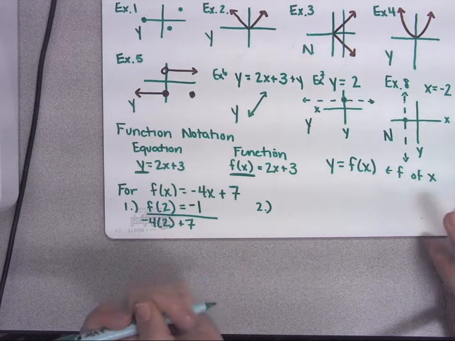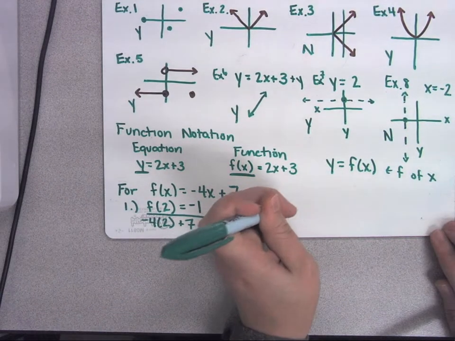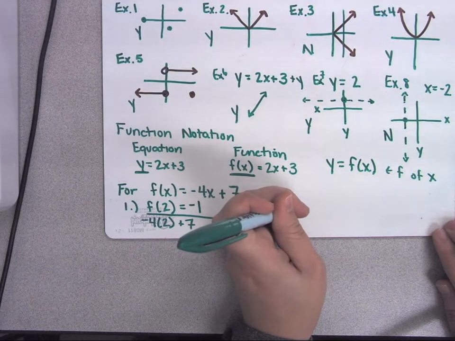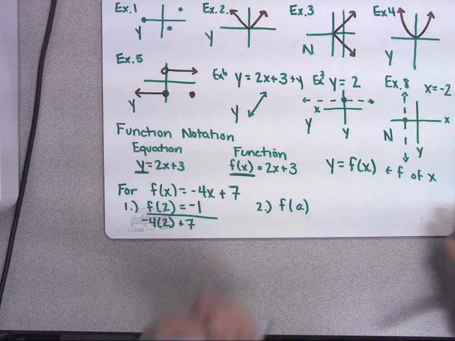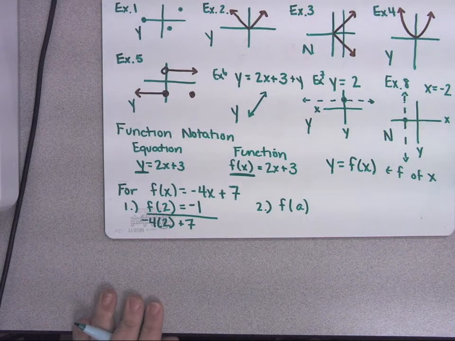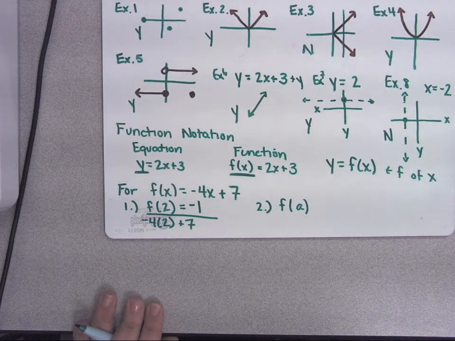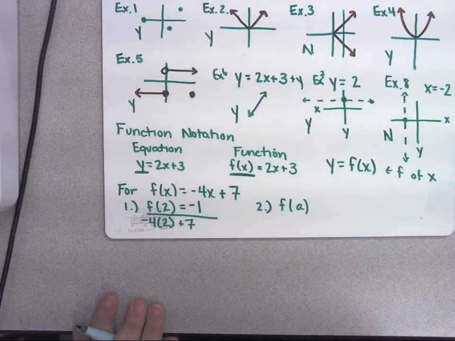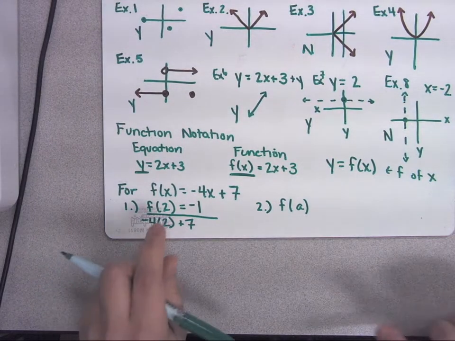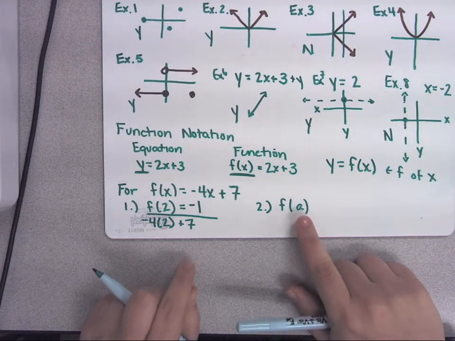So what if I say f of a? What do you think? What are we doing? Still plugging in. What do you do with the thing that's in the parentheses?